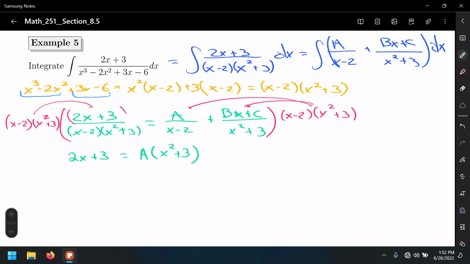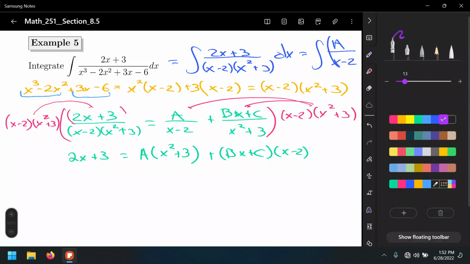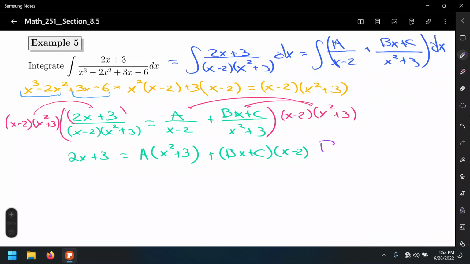Do we agree? Okay, and then for the second part of the distribution here, the x squared plus 3 cancels, leaving us with Bx plus C times x minus 2. Alright, so that's actually our basic equation.